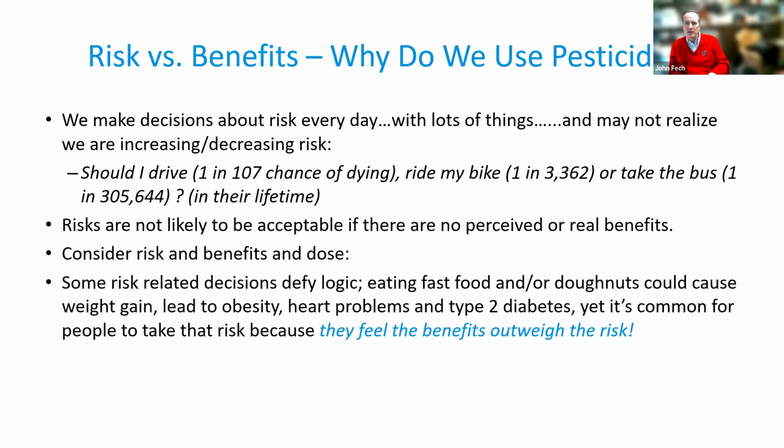So that's a decision you make every day. Generally, risks are not likely to be acceptable if there's no benefit, either real benefit or a perceived benefit. And sometimes it defies logic. So some risk-related decisions defy logic.